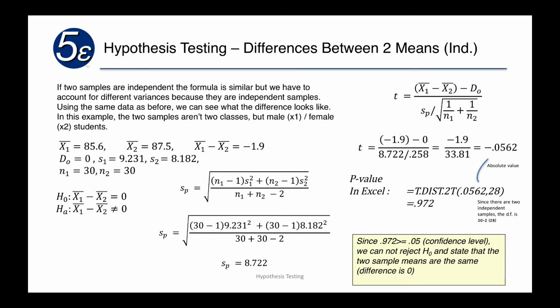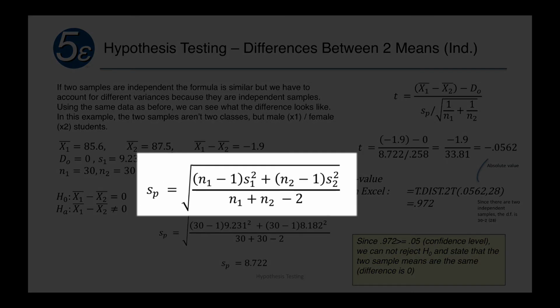This somewhat looks similar to something that we had done with the confidence interval, and the fact is that it is. The formula for the pooled standard deviation is the same. We're going to be taking the square root of the entire quantity: n1 minus 1, times the variance, so s1 squared is really the standard deviation of sample 1 squared. That's equal to the variance of sample 1.